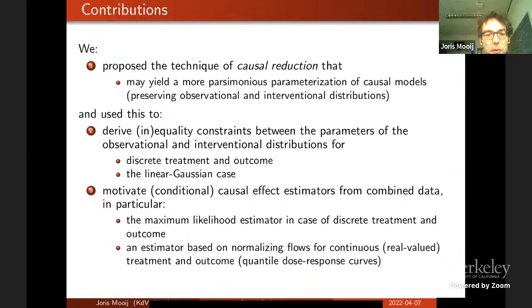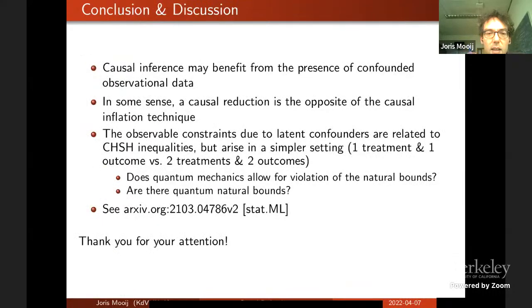And we use this to derive constraints between the parameters in several cases, and to motivate certain causal effect estimators from combined data. And to conclude, and perhaps some food for discussion, I hope to have convinced you that causal inference may actually benefit from the presence of confounded observational data without making very strong assumptions.